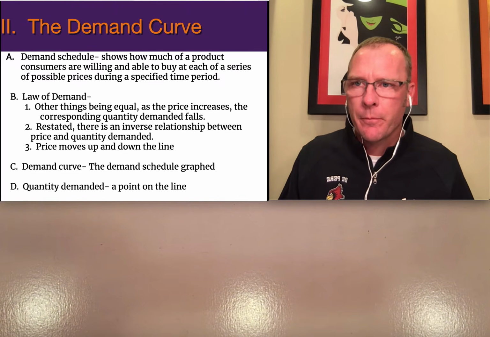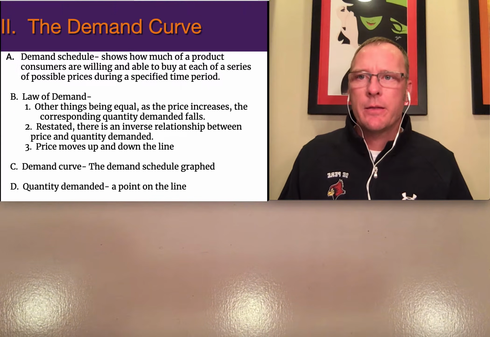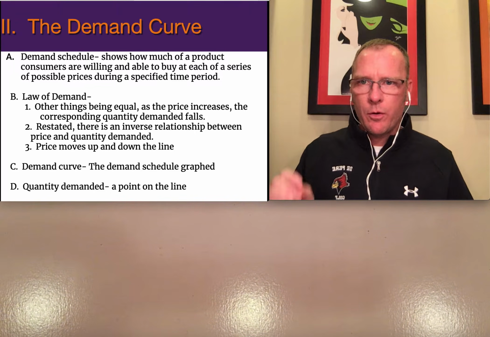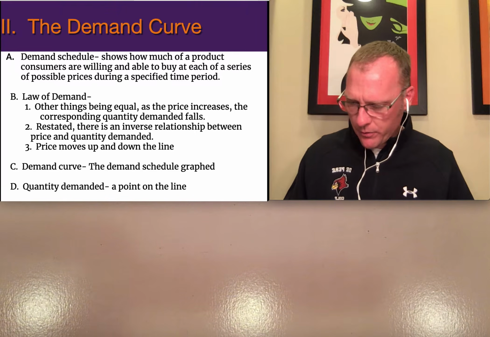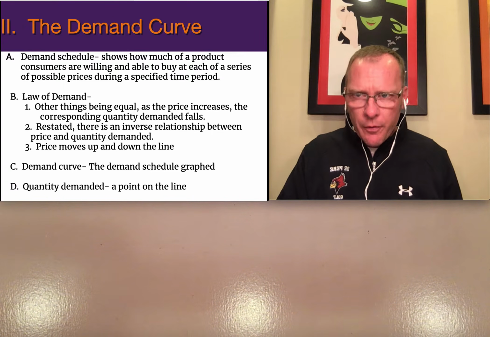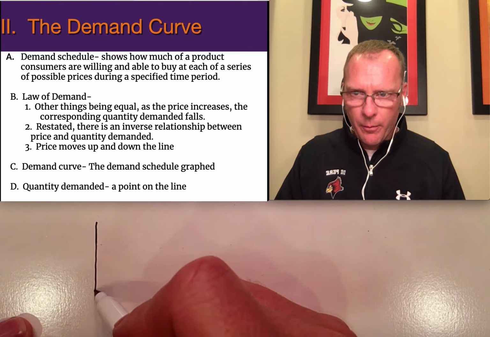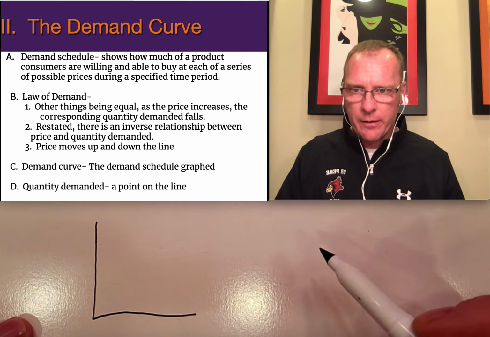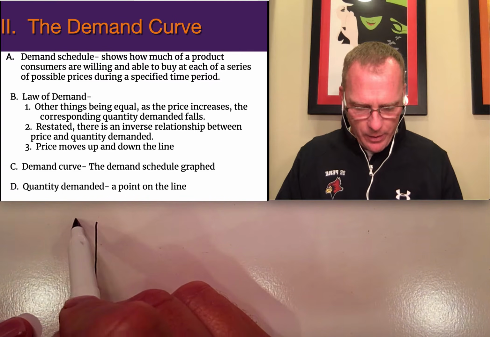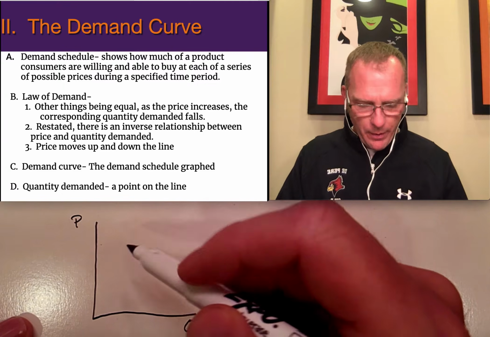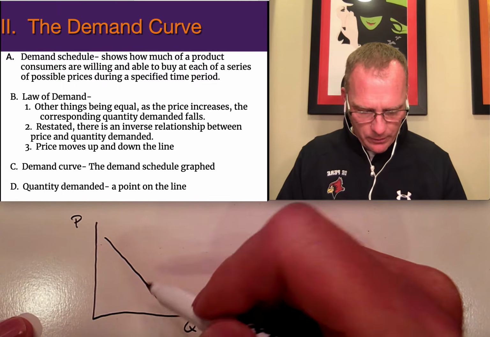The law of demand then says that other things being equal, if a price increases, the corresponding quantity demanded falls. So if this is my supply and demand graph, and this is my price up here, and my quantity here, my demand curve is going to be downward sloping.